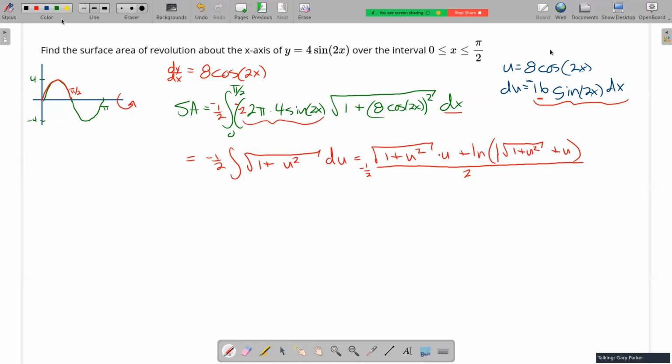And so then my antiderivative would be to reverse substitute back in my u here.